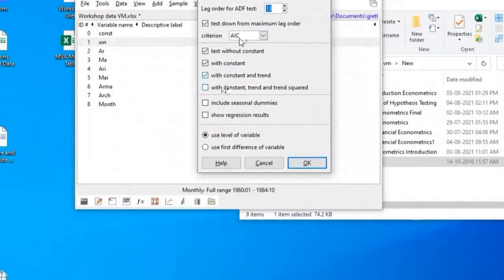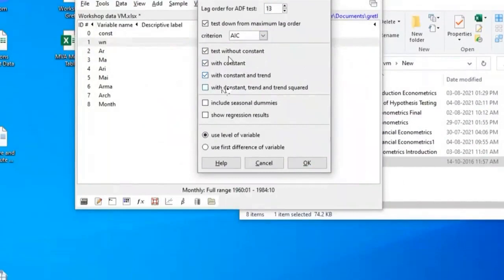Here we have some criterion: Akaike information criterion, or BIC, or t-statistic, and so on. Gretl prefers AIC, but usually most of the econometricians say that it is better we use BIC, because AIC is very stringent, very strict, but BIC is somewhat moderate. So that is why usually BIC is preferred. But anyway, let us give it to Gretl, the AIC.